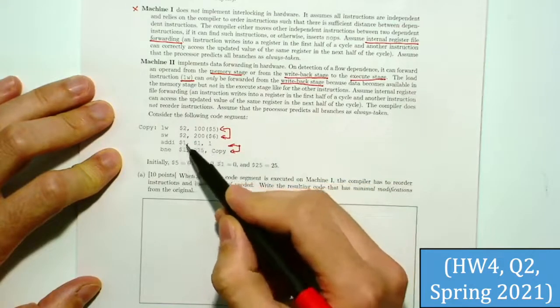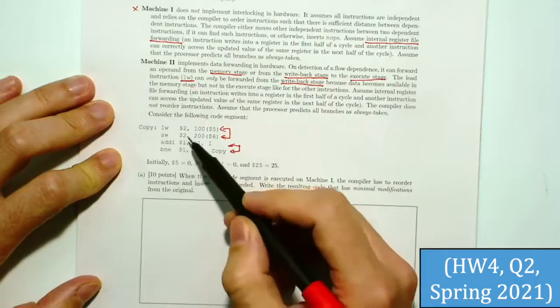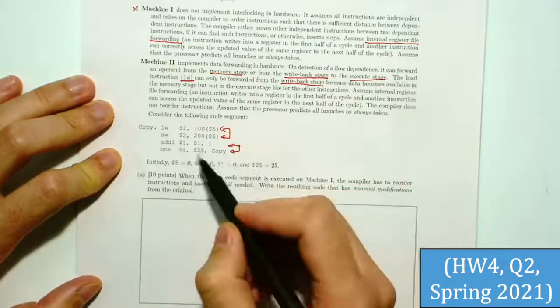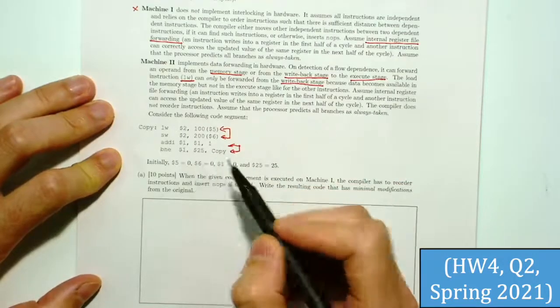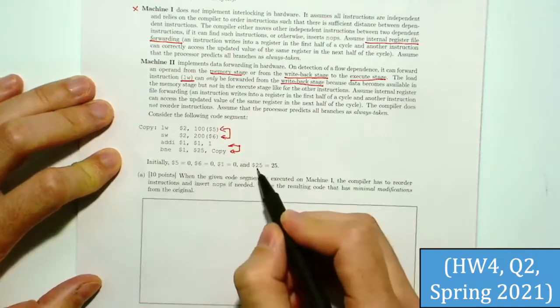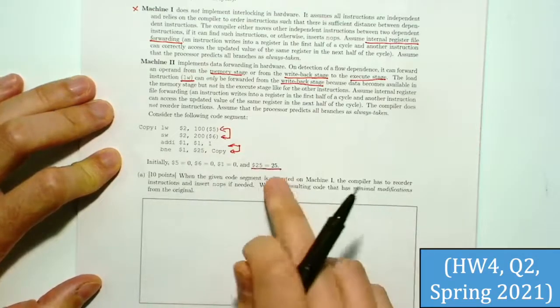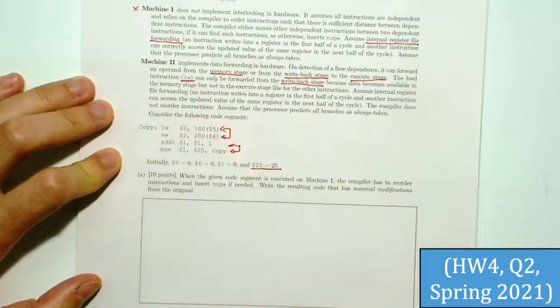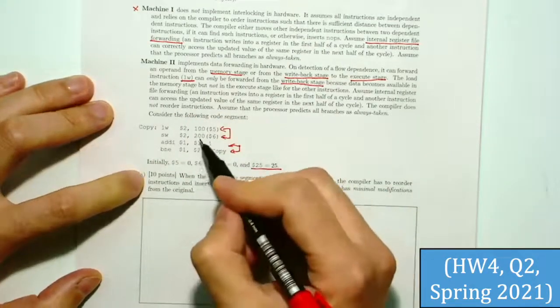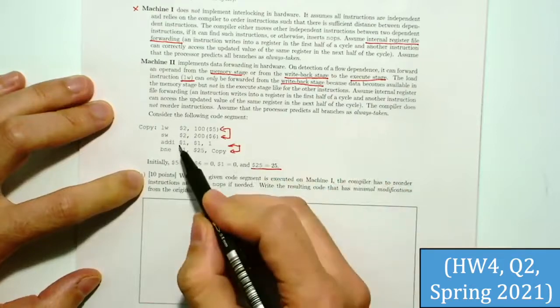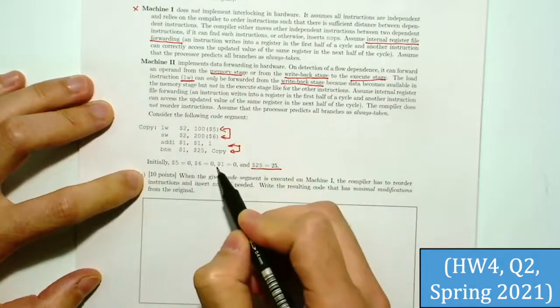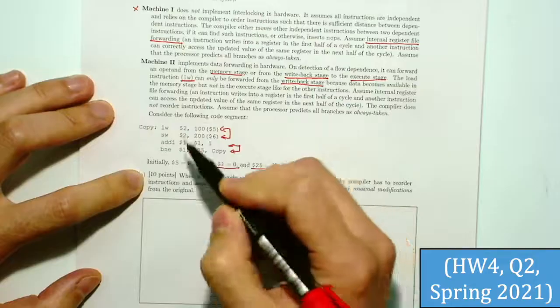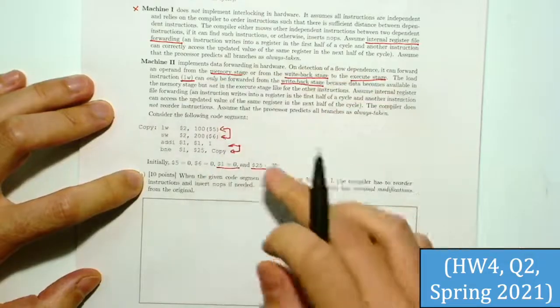So we add, we store the result of the add in register 1, and we compare register 1 with register 25. So the content of register 25 is 25, so we execute this loop basically 25 times. Because the initial value of register 1 is 0, and in each loop we increment this register.